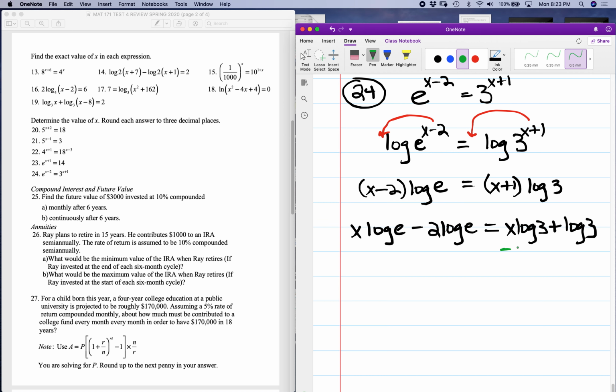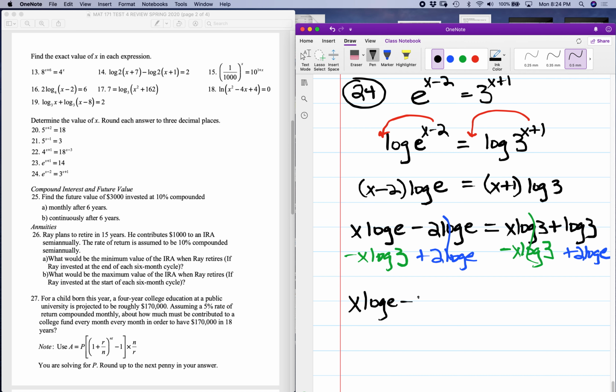I can combine the variable terms. I take away x times base 10 logarithm of 3 and add 2 times base 10 logarithm of e, so we have x times base 10 logarithm of e minus x times the base 10 logarithm of 3 is equal to the base 10 logarithm of 3 plus 2 times the base 10 logarithm of e.